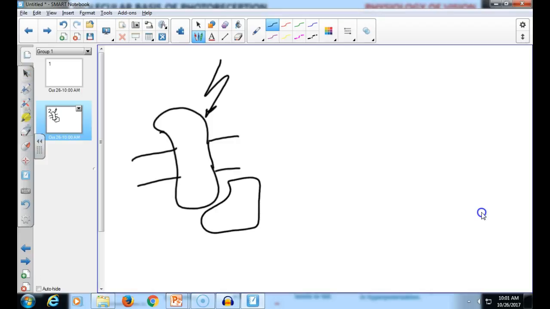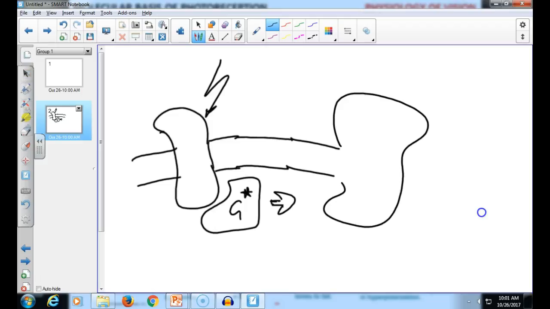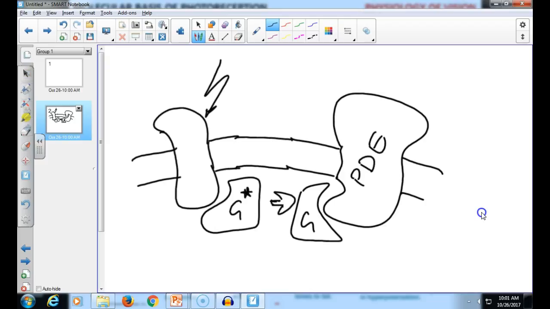G protein that is bound to the opsin portion on the cytoplasmic side becomes activated and moves toward the enzyme that is called phosphodiesterase. Does that make sense?